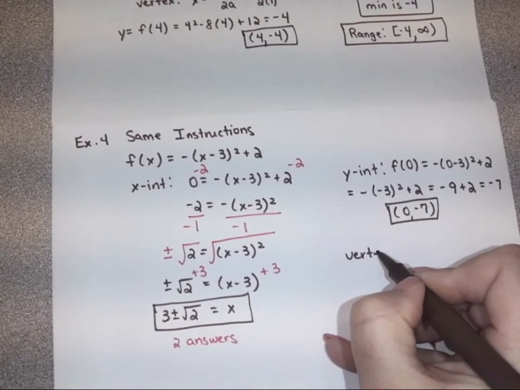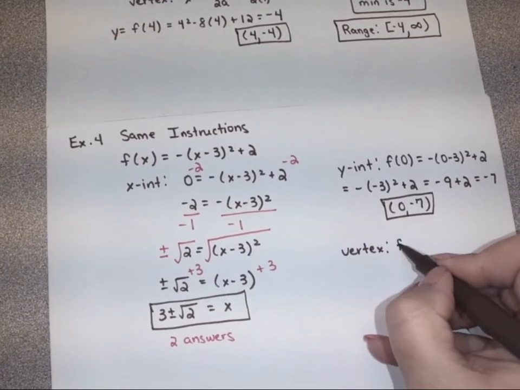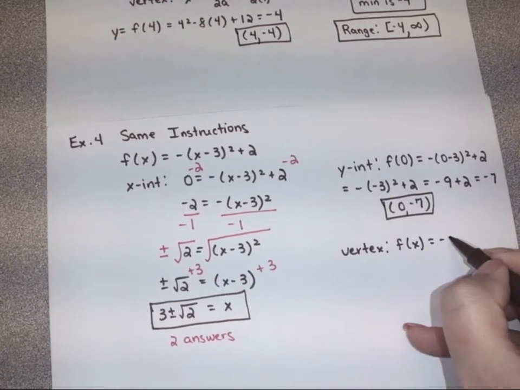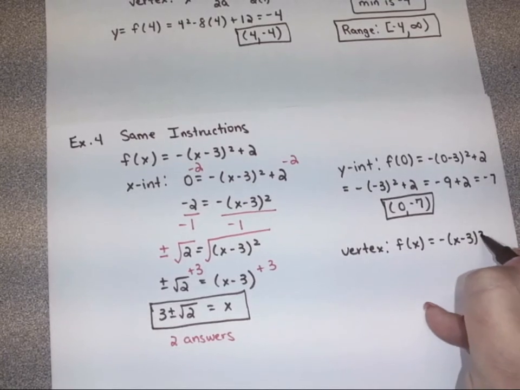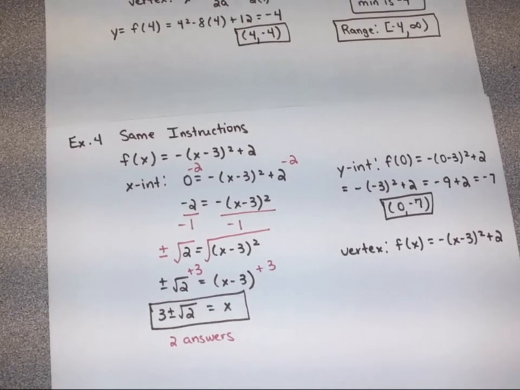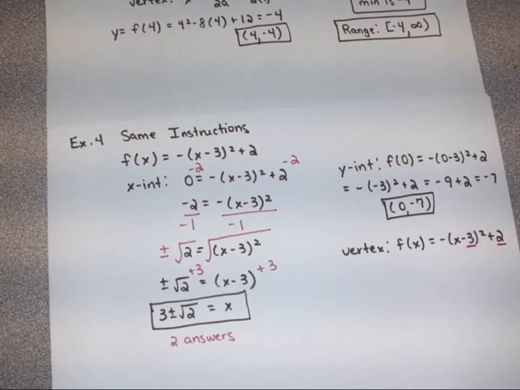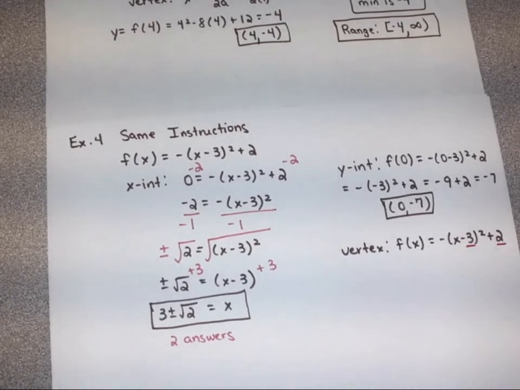The vertex, notice that, let's rewrite that formula. Notice this is actually in the other format that we haven't really done an example of yet. In other words, this is already in what we call vertex format. Okay, so to find the vertex, you just look at what the numbers are here and here when it looks like parentheses x minus a number squared and then plus or minus a number.